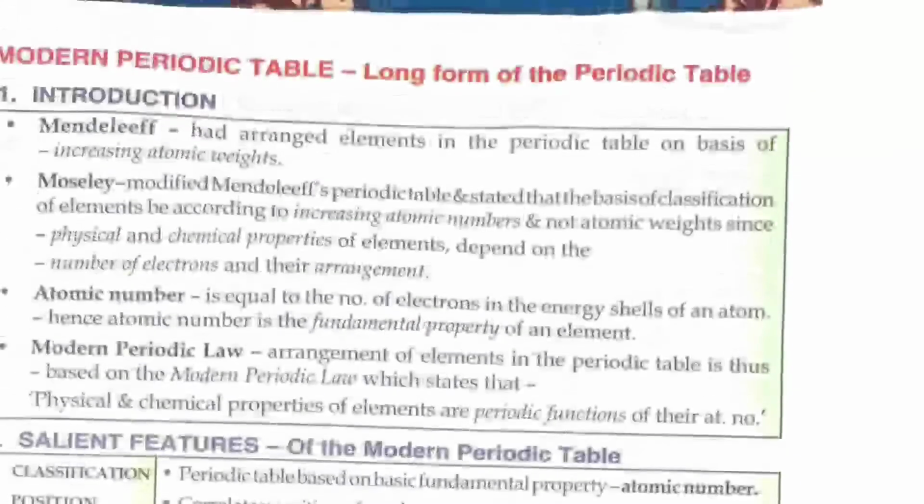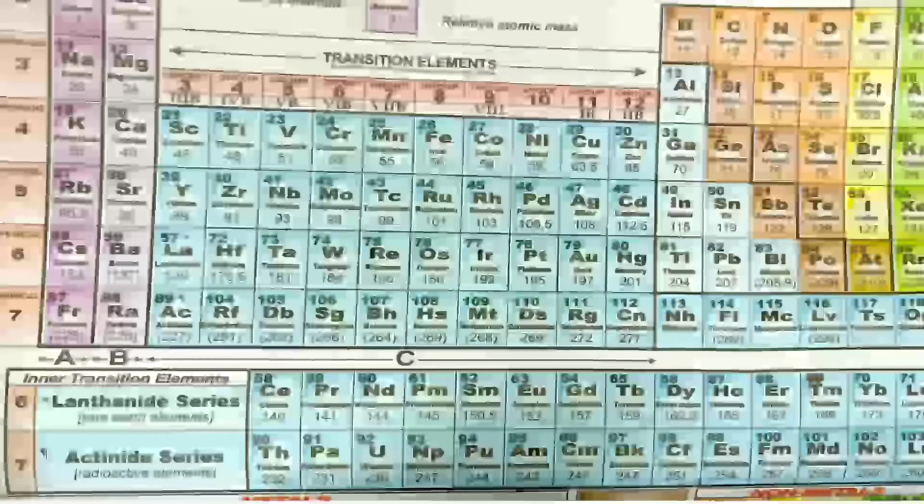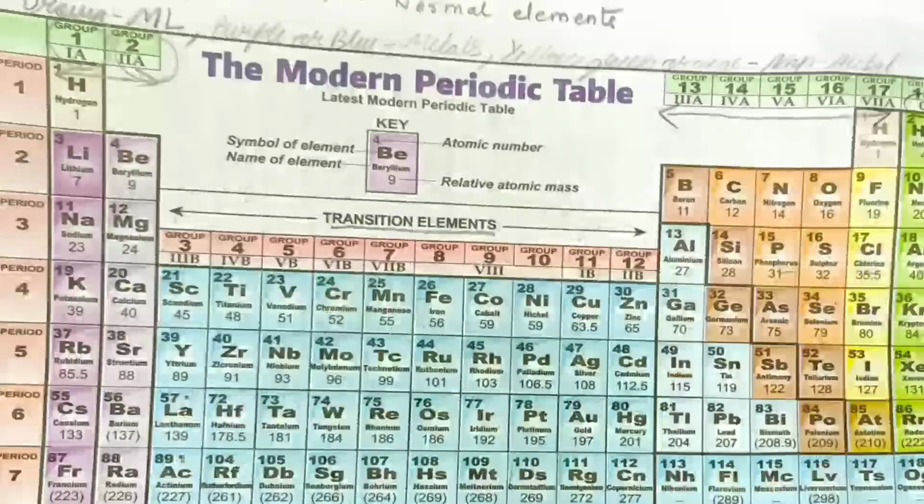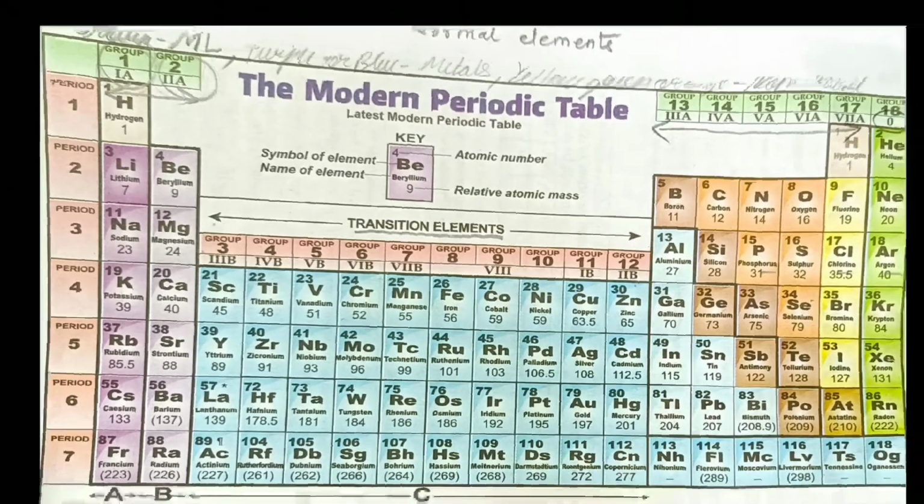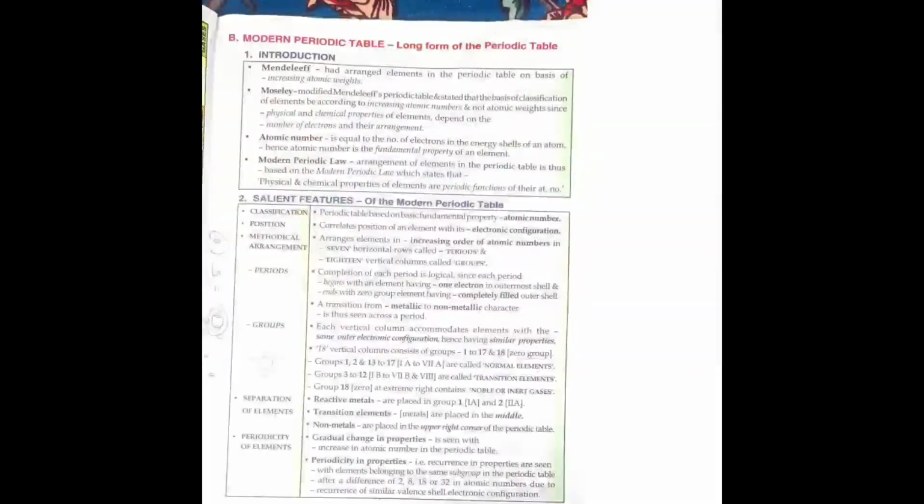So this zero group element is nothing but noble gases. So it ends with the noble gases helium, neon, argon, krypton, xenon, radon, and starts with the one having one electron in the last shell, that is hydrogen, lithium, sodium, potassium, rubidium, cesium, and francium.